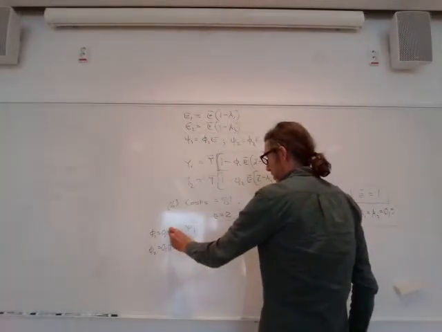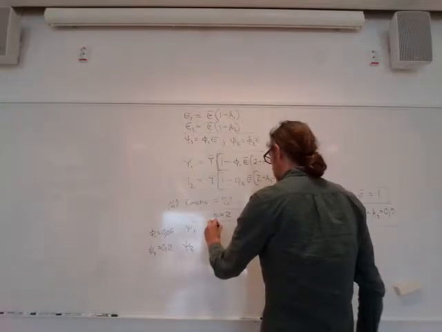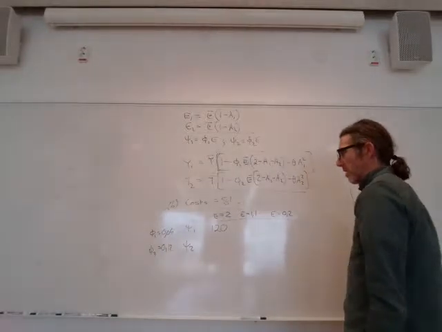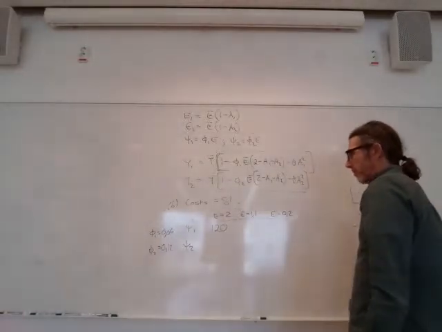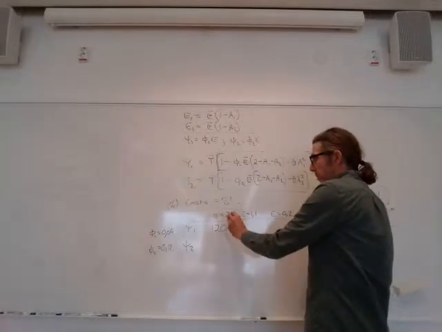So 0.06 times 2 is 0.12. So then damages are 120, aren't they? If neither of them abate.